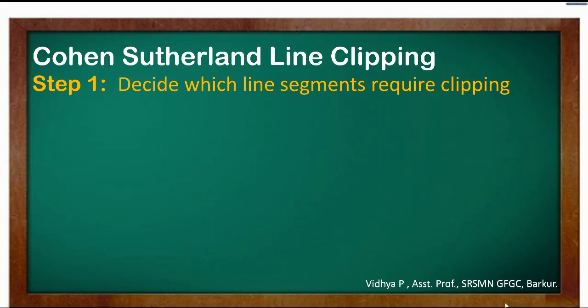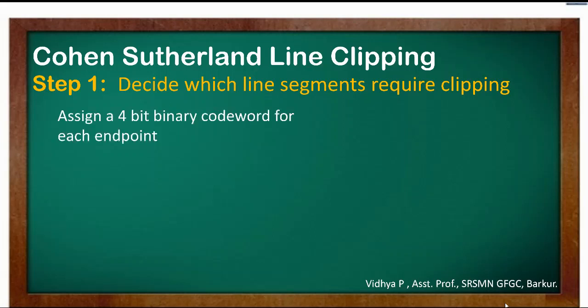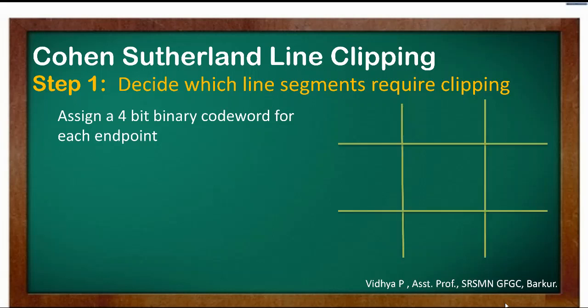Let us discuss step 1 of our Cohen Sutherland line clipping algorithm. For this, we assign a 4-bit binary code word for each endpoint. This is our window. If the endpoint is on the left of the window boundary, then bit 1 is assigned to 1.